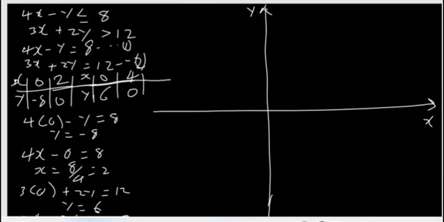Here is maybe -2, -4, -6, -8. Here is 2, 4, 6, 8. So that's for the y-axis.